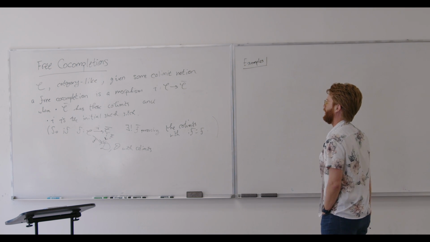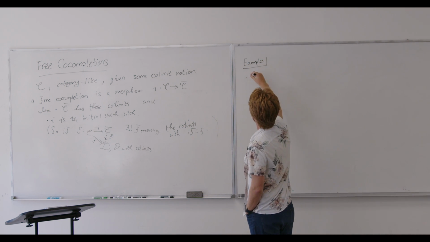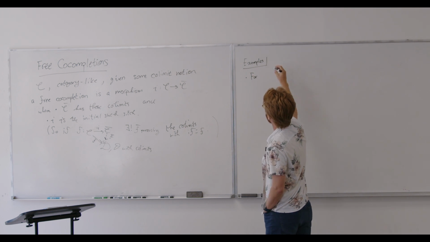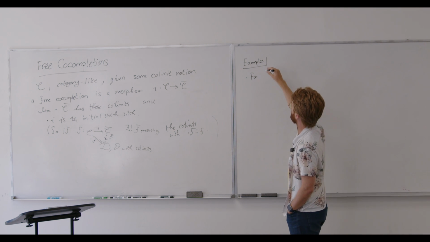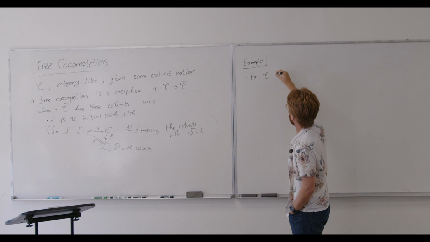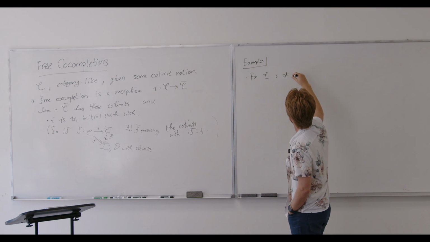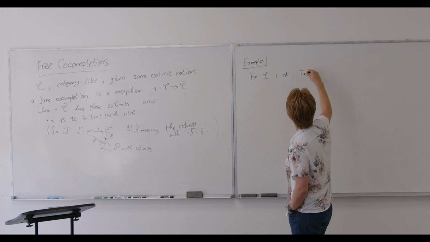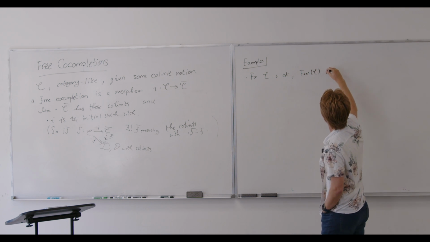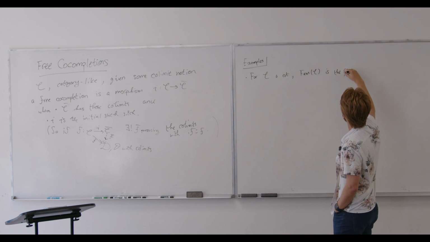Okay, so maybe the most familiar to the largest number of people in here, or at least the simplest familiar one, is for C a category, Fam of C is the free completion of C under coproducts.